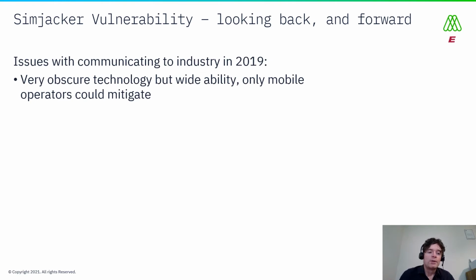So when we communicated the Simjacker vulnerability in 2019, we had several issues in doing this. First of all, this was a very, very obscure technology, the SAT browser technology, very obscure, but it actually had wide access. It had complete access to a subset of the STK toolkit on the mobile SIM card.